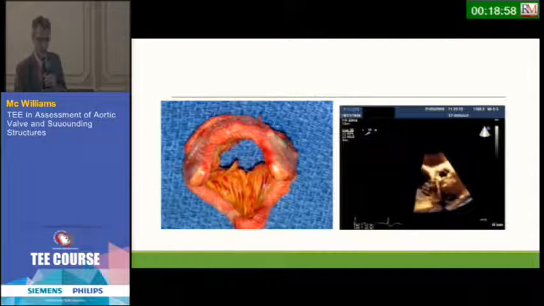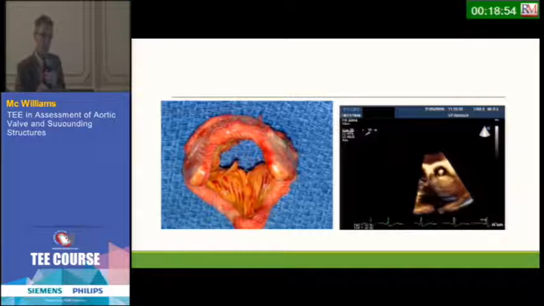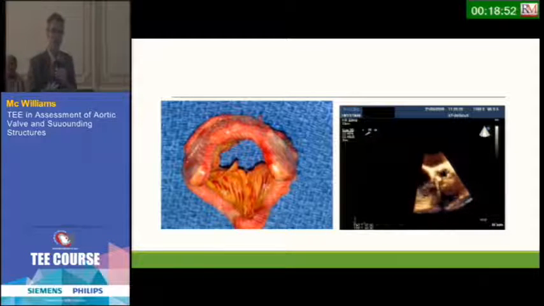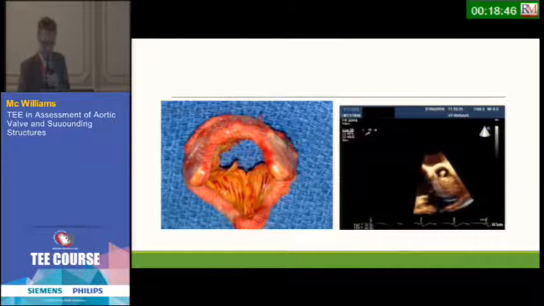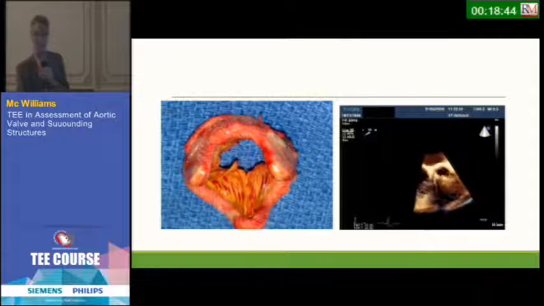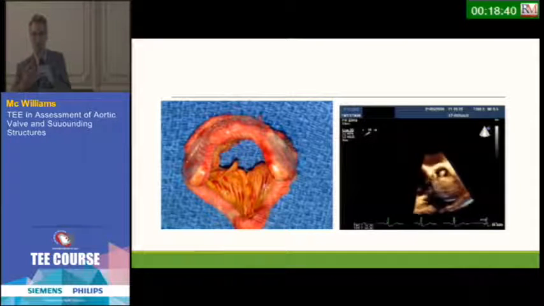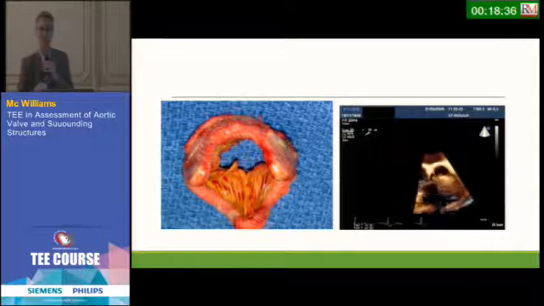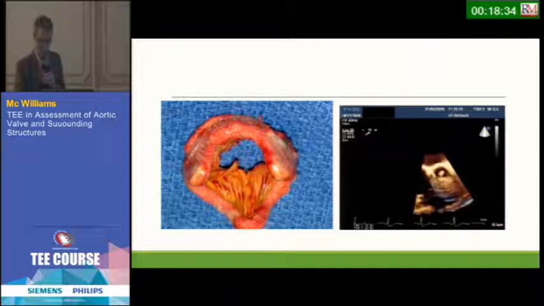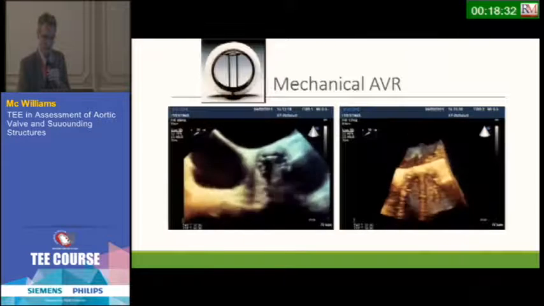So again, sometimes when we see dropout, if we actually see a hole on a valve in 3D, sometimes we're wondering, is that something we've created, or is it true? I think those of you who do 3D a lot will realize that, particularly the aortic valve, sometimes when you're making 3D images of the aortic valve, it looks like there's a hole in the valve leaflet, but this was a genuine hole in the valve leaflet.